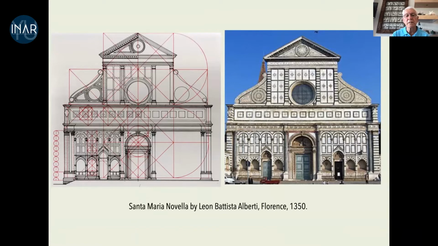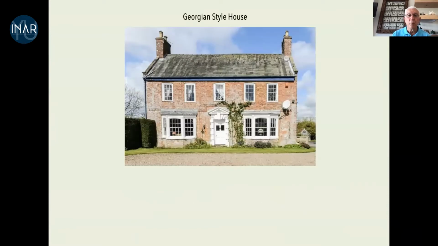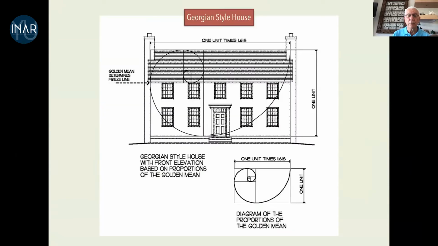When you analyze it with geometric elements, you can see how proportions are used. This has been used in several places. Look at this Georgian British house in the UK. When you analyze it with the same proportions, you may find them. So it gives a kind of security to design.